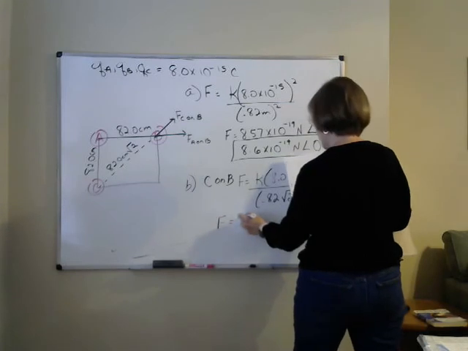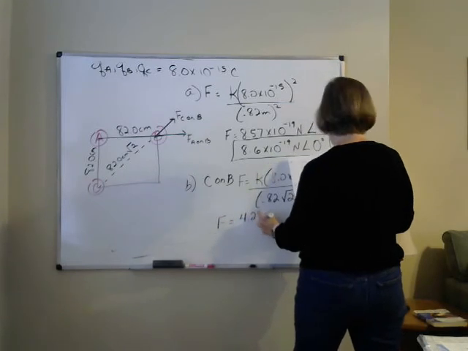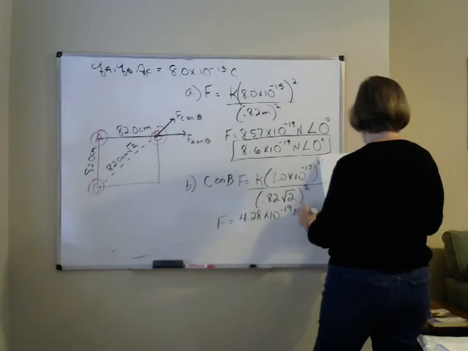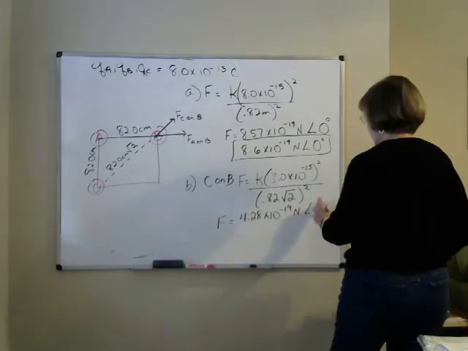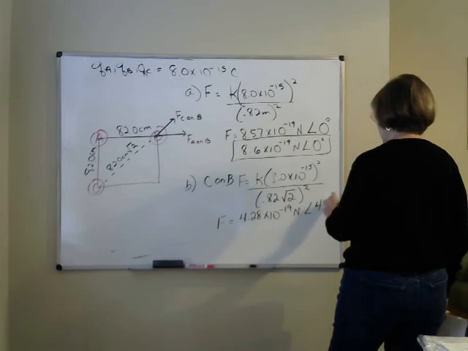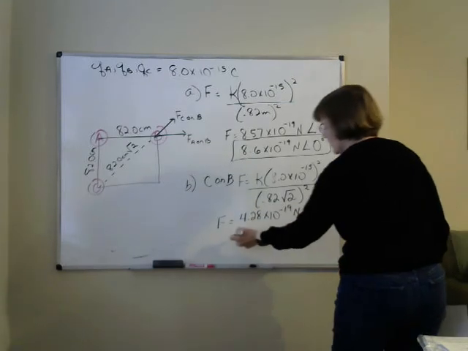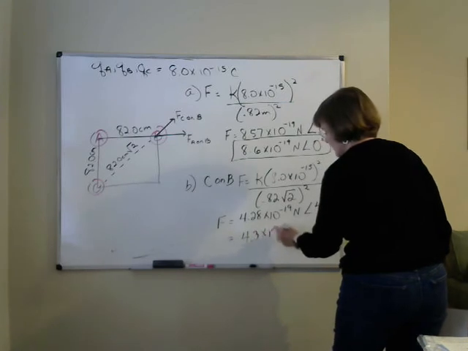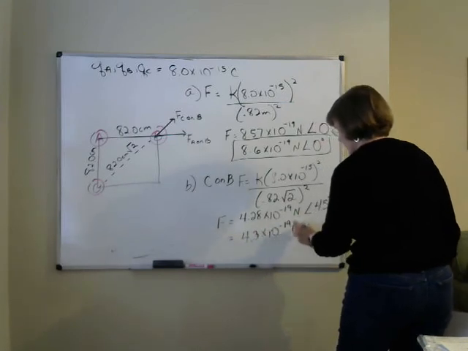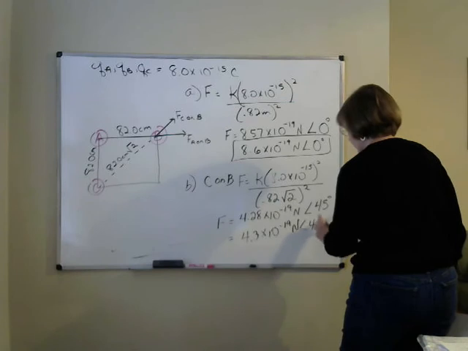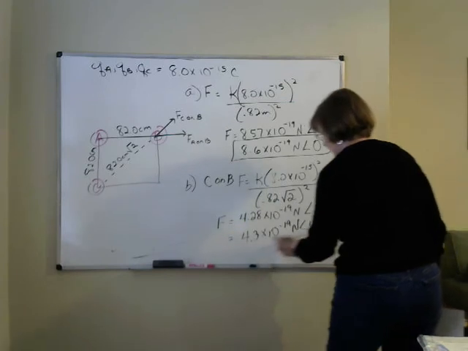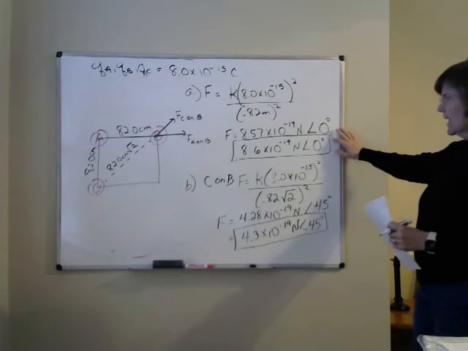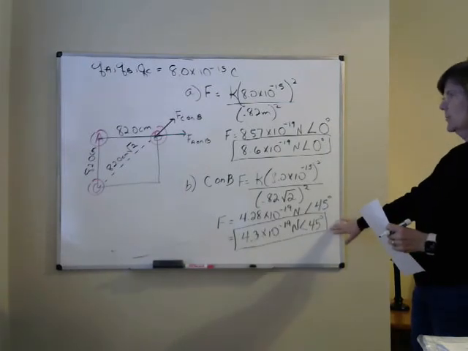It comes out to be 4.28 times 10 to the negative 19 newtons, and this time I know it's at an angle of 45 degrees. When I get my sig figs right, it looks like this. So there's the answer to A, there's the answer to B.